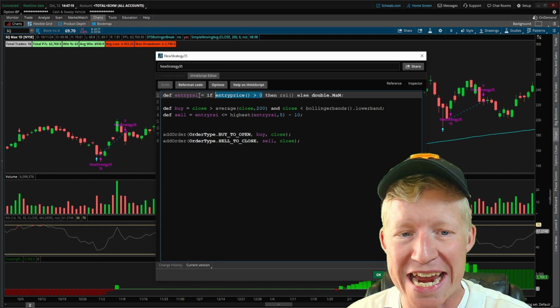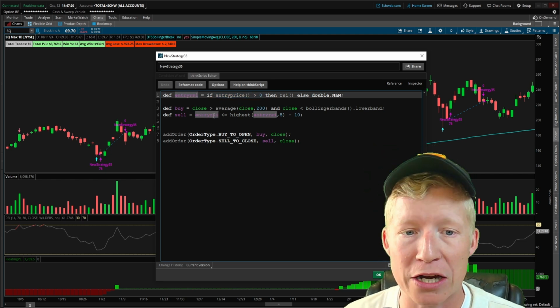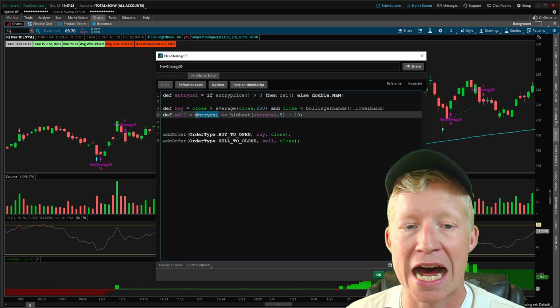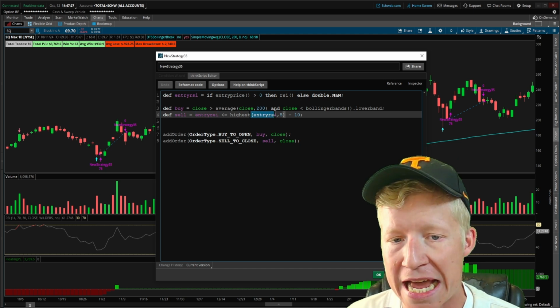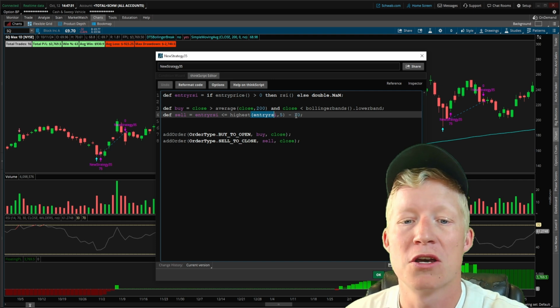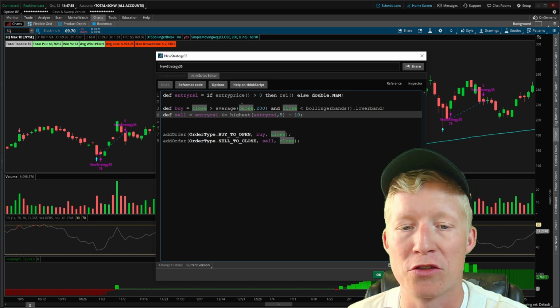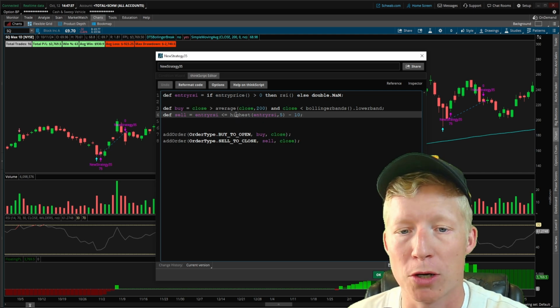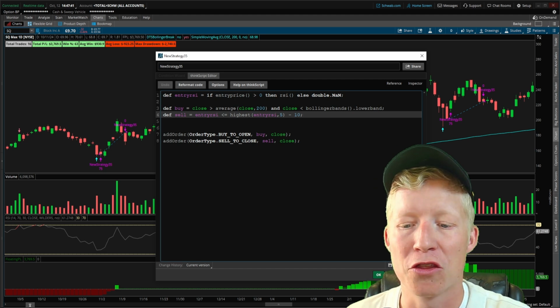So we had to create this RSI so that we can make sure we are comparing for our sell: the RSI after entrance is less than or equal to the highest RSI since entrance out of the last 5 bars, multiplied by 10. And for our buy, of course, we have close greater than the average close over the last 200 bars and close less than the lower band of the Bollinger Bands.